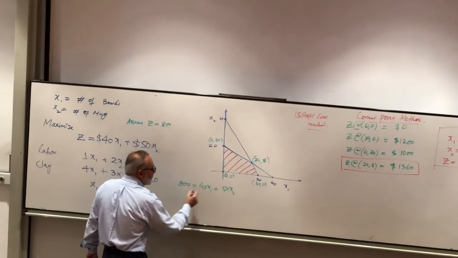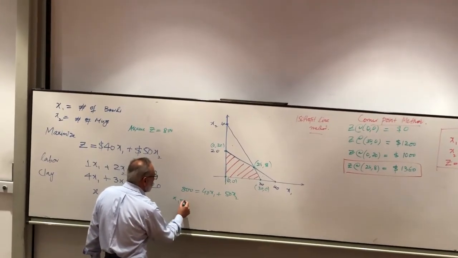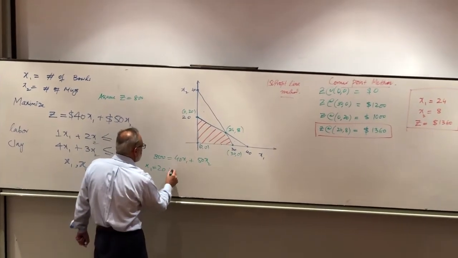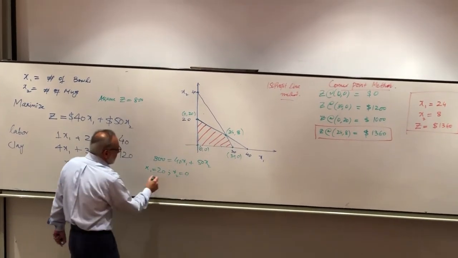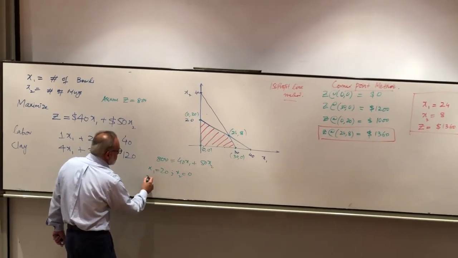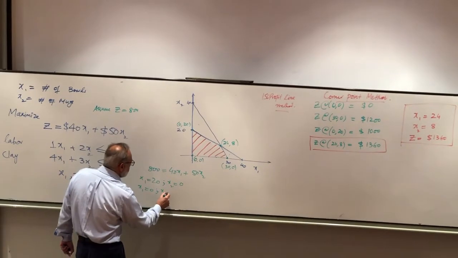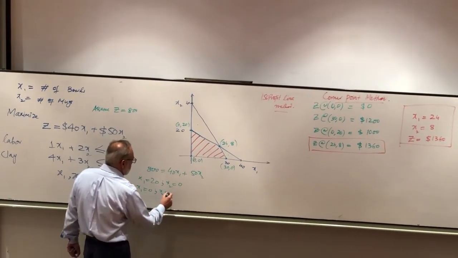Then when x2 is equal to 0, x1 will be equal to 20, right? And when x1 is equal to 0, x2 will be equal to 16.